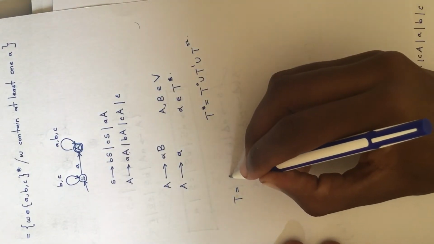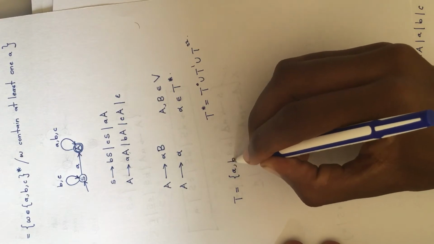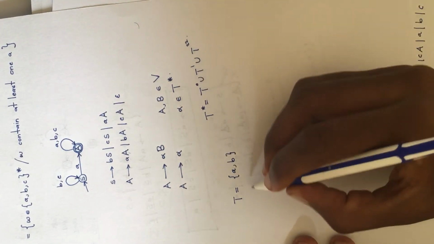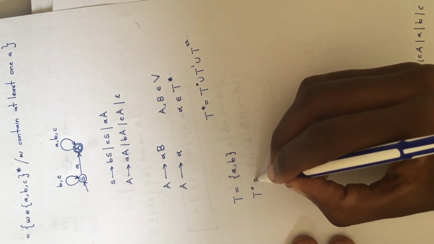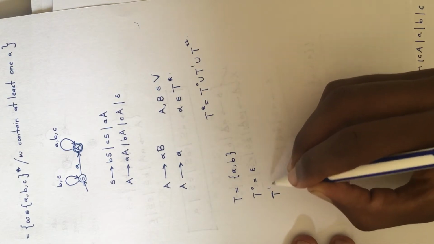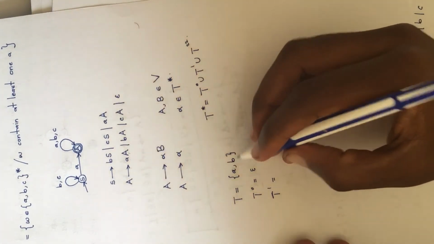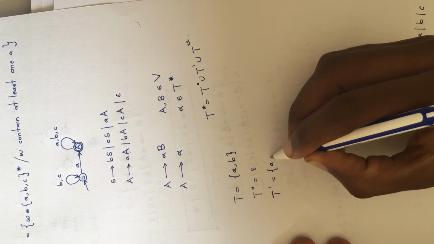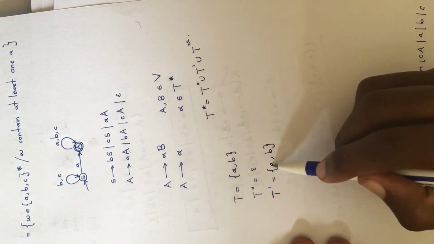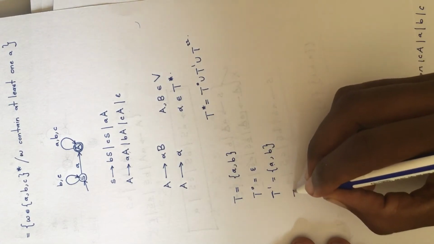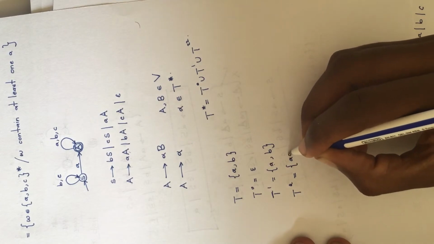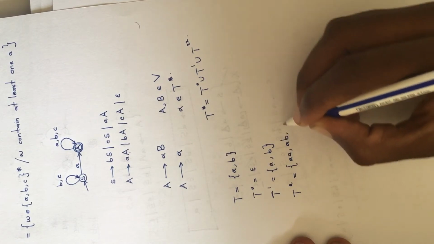And T is containing A and B, then T of 0 is what? It's epsilon. T of 1 is the same as this one here. The set of all strings over this alphabet that have length 1, and now T of 2 is A, B, and B.